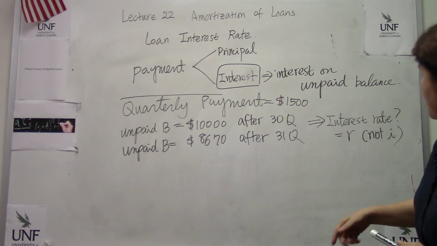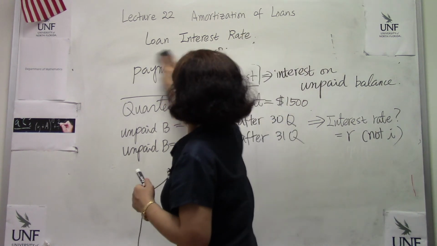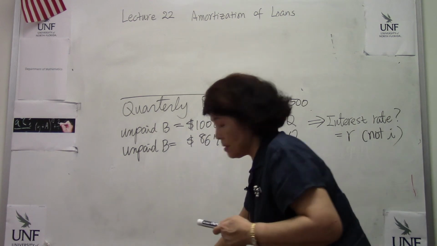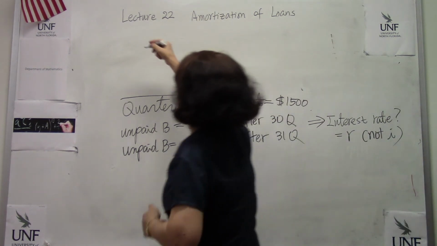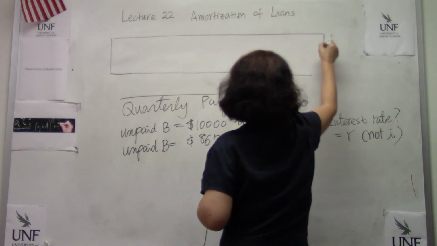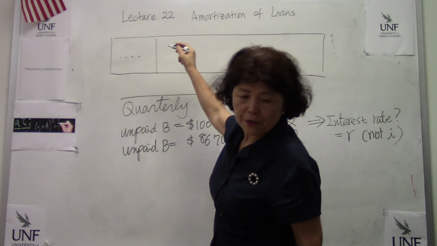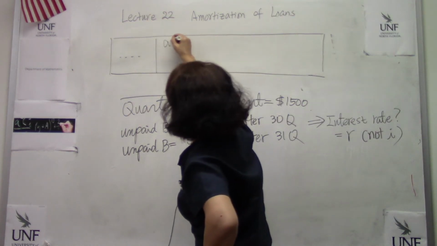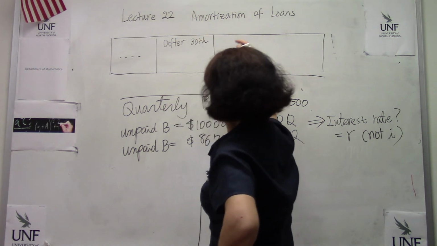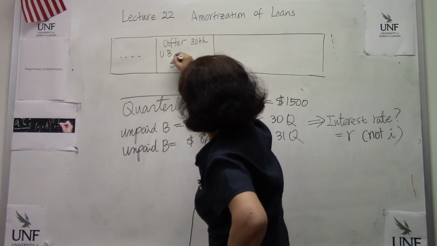So look at the problem over here. So that's the diagram in the book over here, okay? You are making payments over here, so after the 30th payment, unpaid balance UB is $10,000.